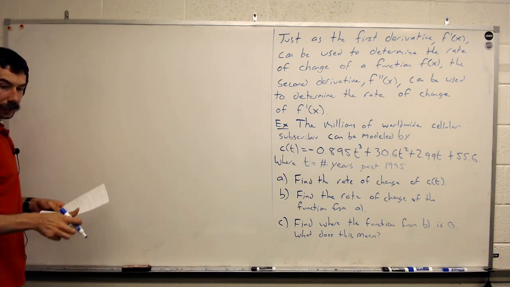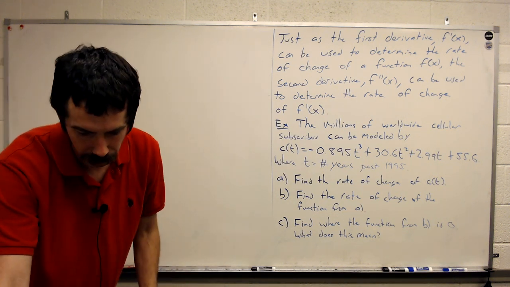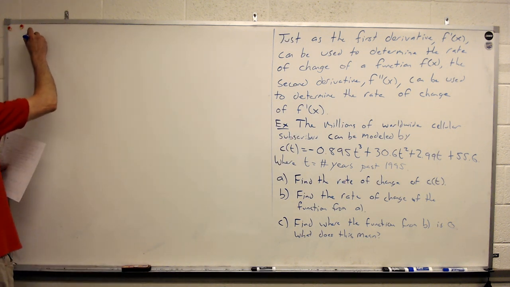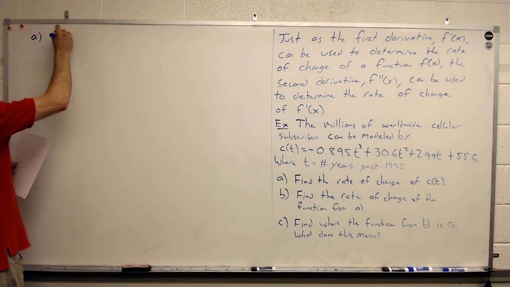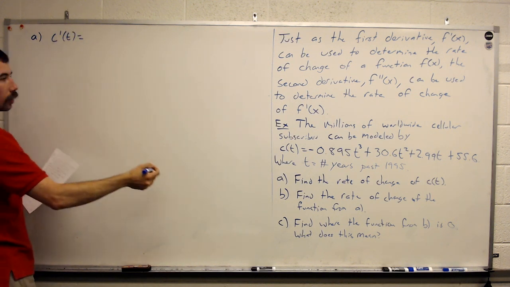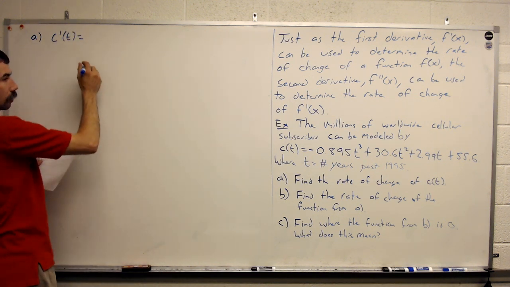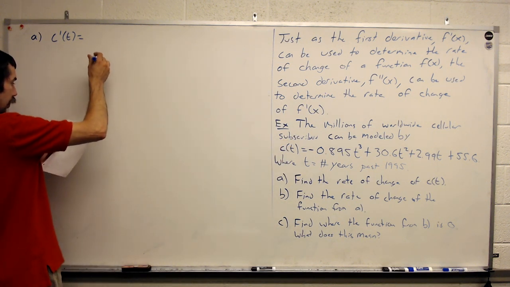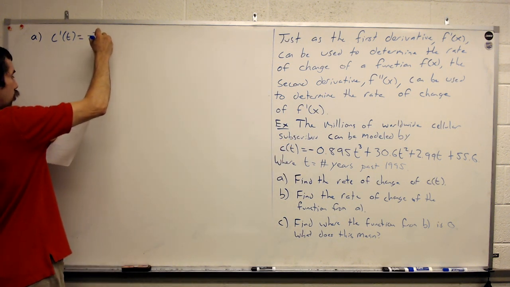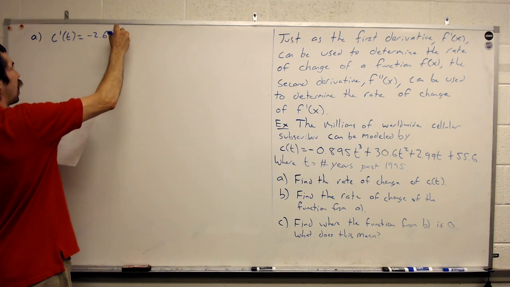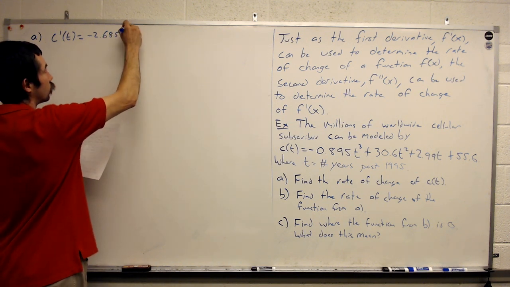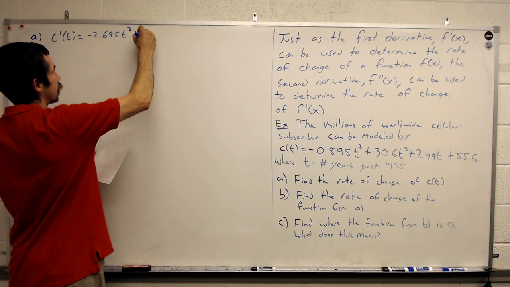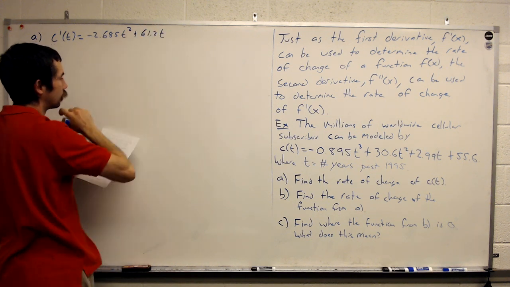All right, so let's take a look at this. Let's first take the derivative. So we bring the power in front. So 3 times negative 0.895 is negative 2.685 t squared. Bring the power in front again, plus 61.2 t.